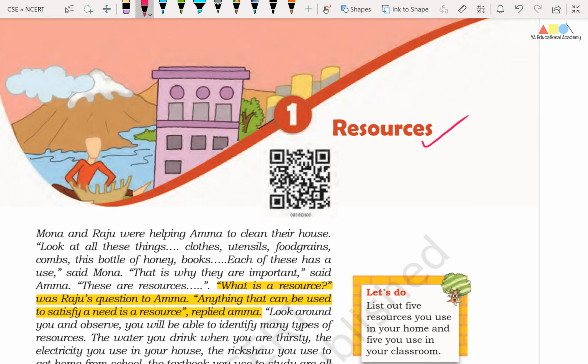So we can say it as quick reading of NCERT books. Friends, I hope this session will help you really, and let's try and see whether we can complete all the NCERT books before the examination commences. Right friends, the first chapter is resources.